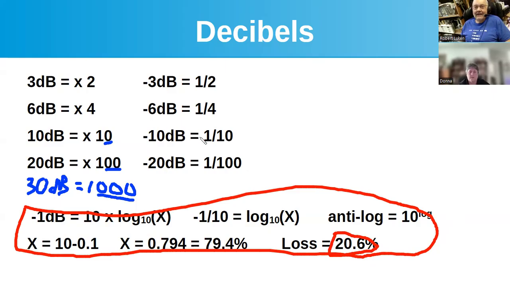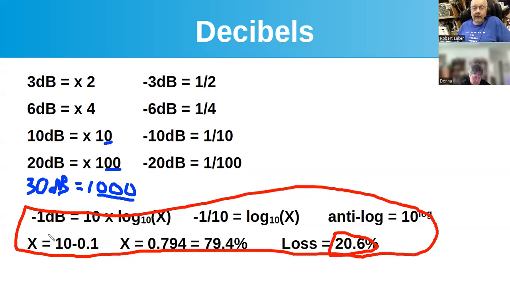What you have to do in this one is the anti-log. They're telling you that you have a loss of 1 dB and they want to know what percentage loss that is in the question.